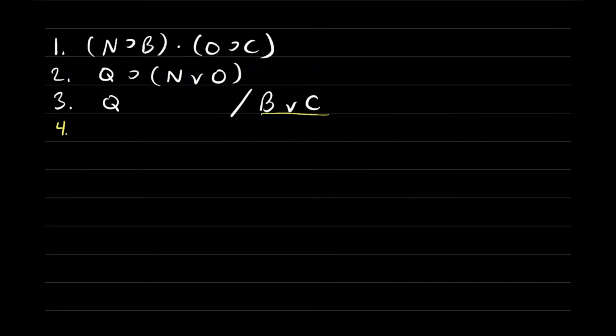So from lines 2 and 3 by modus ponens, which is probably the easiest, most friendly rule we've got. Every time you see modus ponens, you're going to rejoice a little bit because it's such an easy step. But yeah, from lines 2 and 3, we're going to get N or O by modus ponens. So from lines 2, 3, MP, modus ponens. Our old friend, modus ponens.